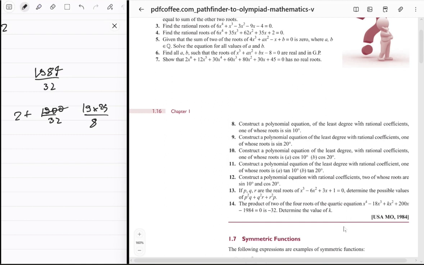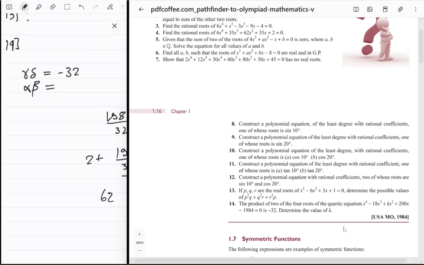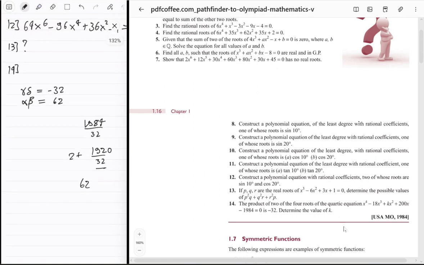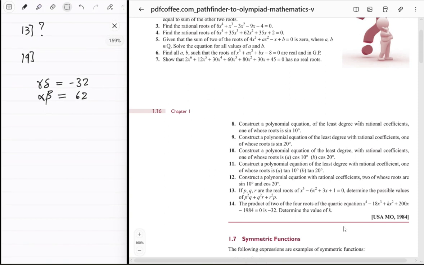Oh, that's not 2. It should not be 1900. It should just be 1920 actually. So 1920 upon 32. Of course, 6 times of that is just 18 and 12. So 62 basically. That's equal to 62. Nice. Okay, that's awesome. What else do we know?